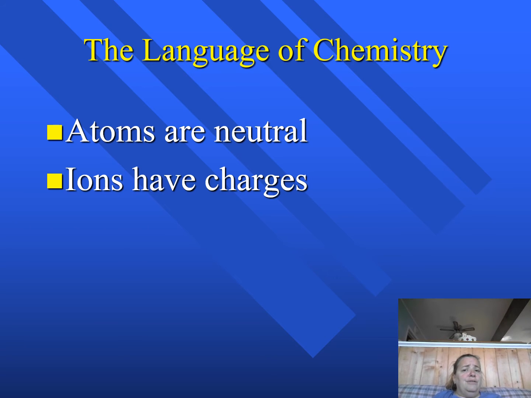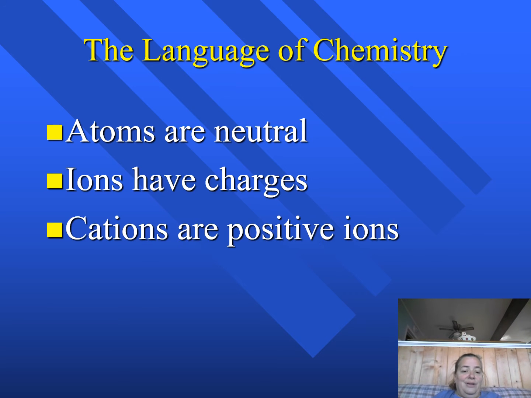So just to differentiate between a positive and a negative, there's a specific word that means it's an ion that's positive, and a specific word that means an ion that is negative. The word for positive is cation. Cations are positive, and that's easy for me because I love my cats. So cats give me a positive feeling.